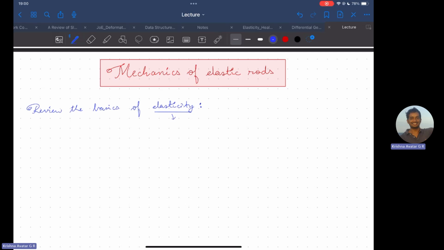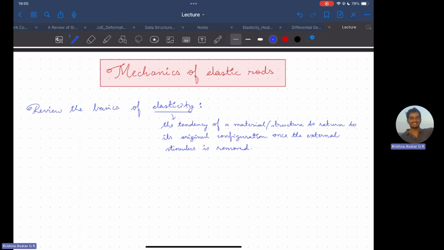So elasticity is the tendency of a material or structure to return to its original configuration once the external stimulus is removed.